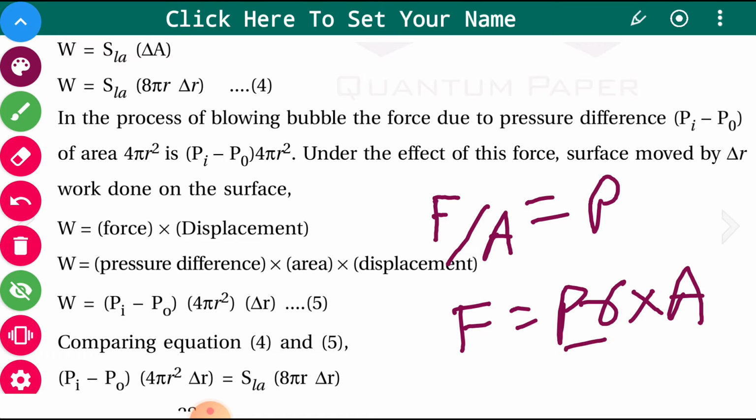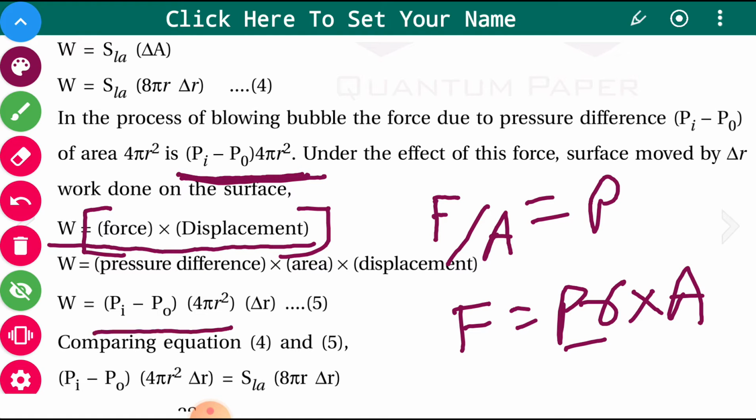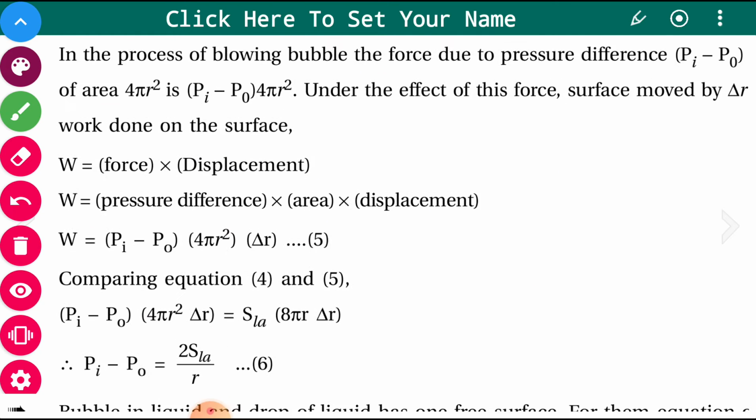Here we have to take the pressure difference, so it is (Pi minus Po) into 4 pi r square. Work done is force multiplied by displacement. Force is (Pi minus Po) into 4 pi r square, and displacement is delta r, since you are blowing the bubble by increasing the radius by delta r.